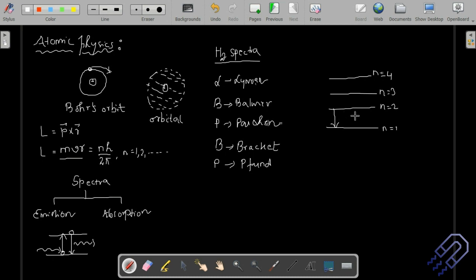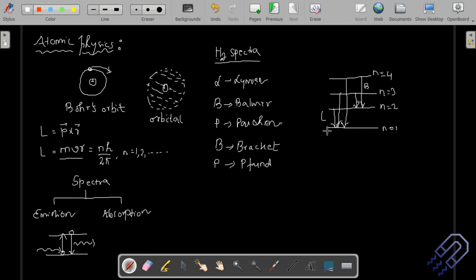We are getting it in the form of radiation coming out from n is equal to 2 to n is equal to 1, n is equal to 3 to n is equal to 1, n is equal to 4 to n is equal to 1. That will be lying in the Lyman series. On the other hand, if you have a transition from 3 to 2, 4 to 2, we have something which is called the Balmer series.